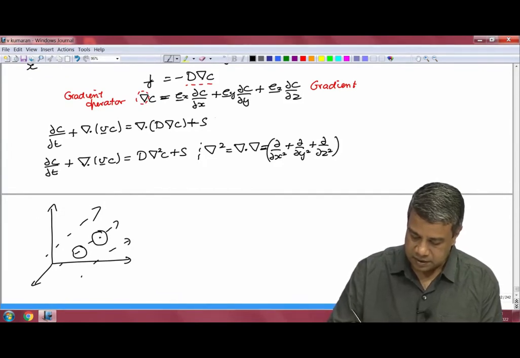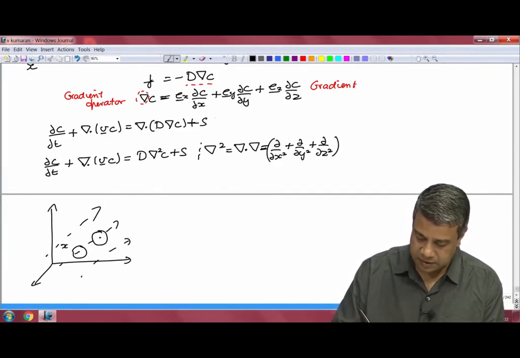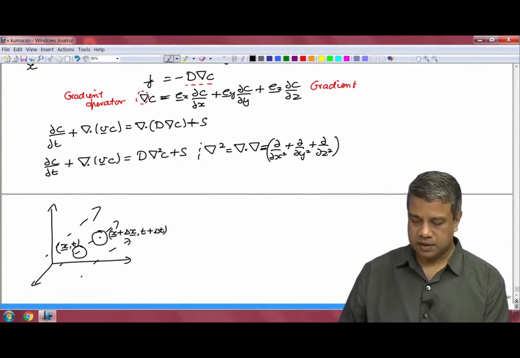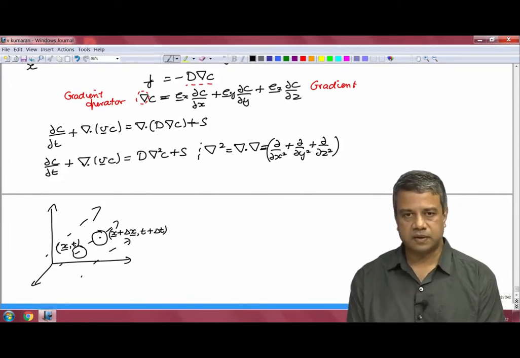So, that at the time t the volume is located at the location x, and at the time t plus delta t the volume is located at the location x plus delta x.